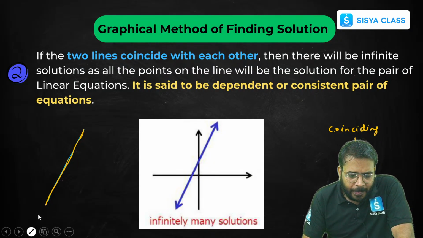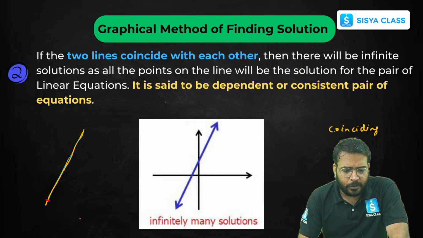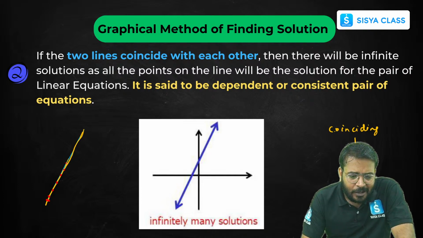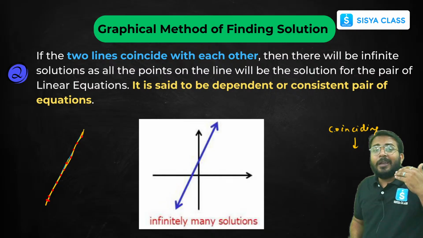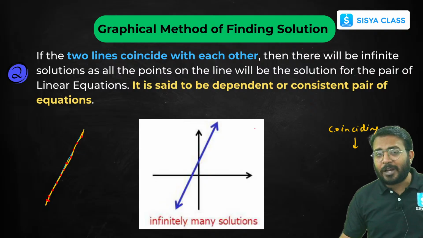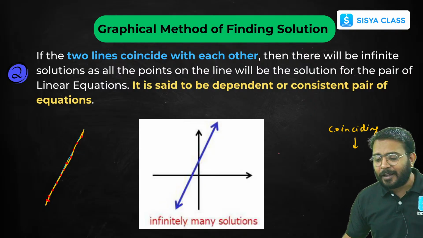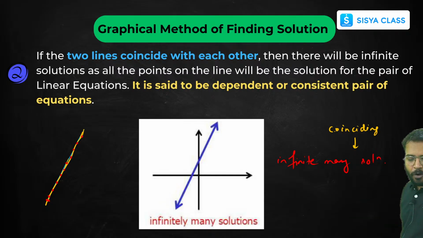Suppose this point is lying on my line, it is going to be my solution. In the same way you can get many such points which satisfy the given lines, and that's why we say these lines have infinitely many solutions. So whenever two lines coincide, you will say that they are coinciding and they have infinitely many solutions. Understood, dear? Yes or no? Got it?